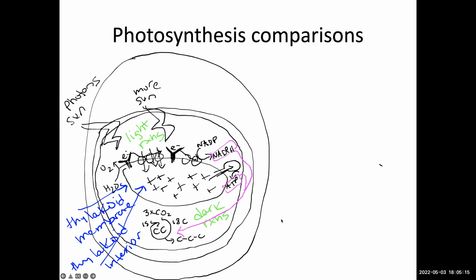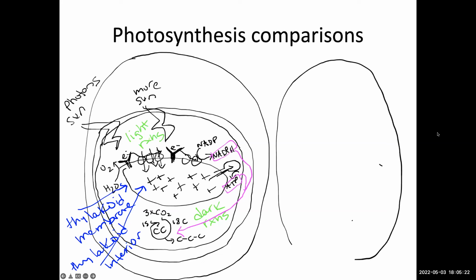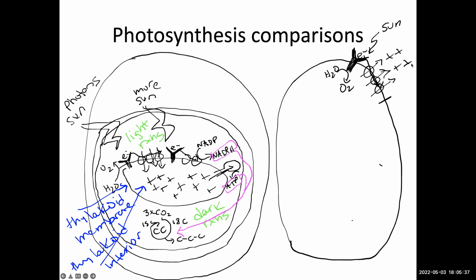If we look at a prokaryotic cell, all the same things happen, but we just have fewer places for things to happen. So it's much simpler in a sense. The photosystems are not on the thylakoid membrane, they're on the plasma membrane. We have water being energized by the sun, fed through an electron transport chain. The energy from those electrons is used to pump protons outside the cell.